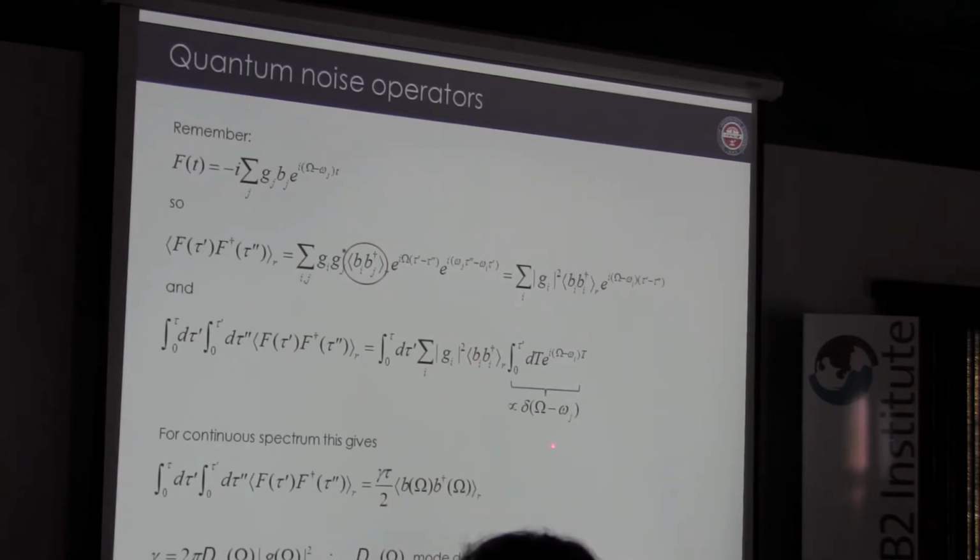So once I have that integral, with that delta function that pops out approximately from this integral, I only get a contribution from the occupancy right at the system frequency.